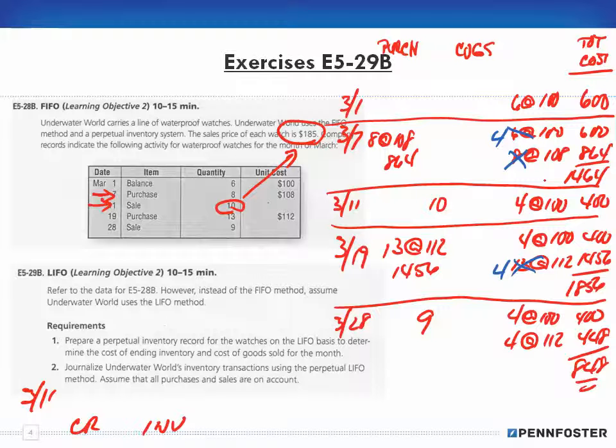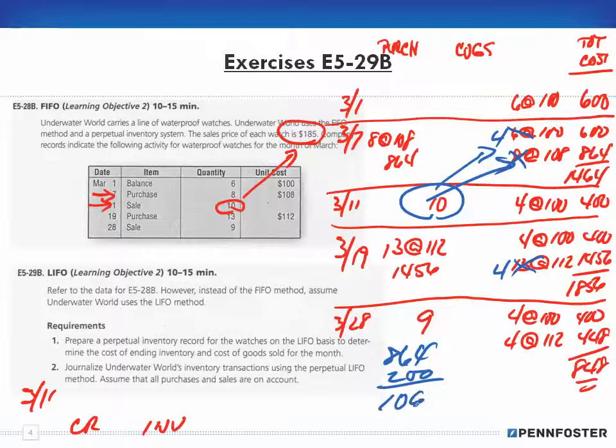Well, we had 8 at 108, which gives us 864, and then we're also taking 2 more at 100, so that's an additional 200.